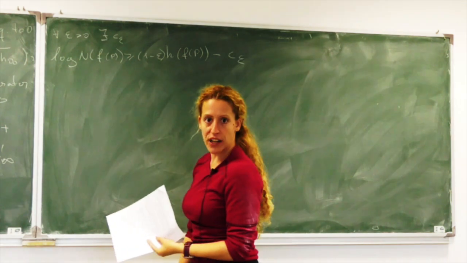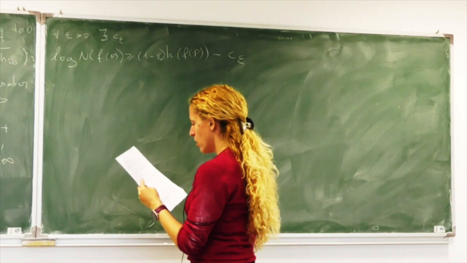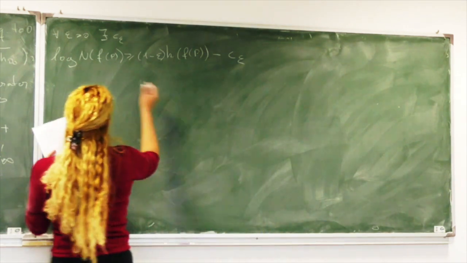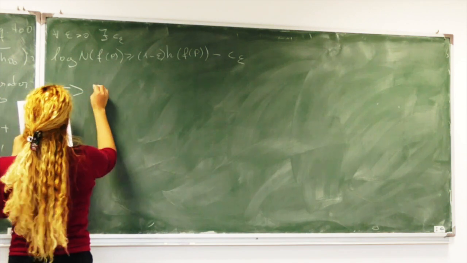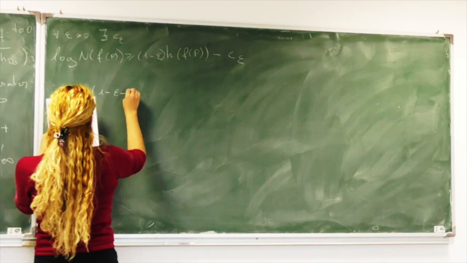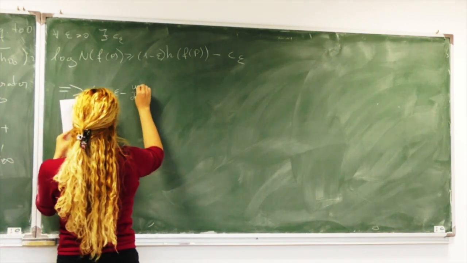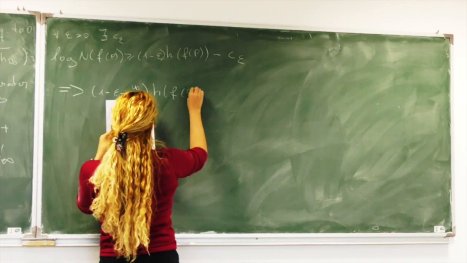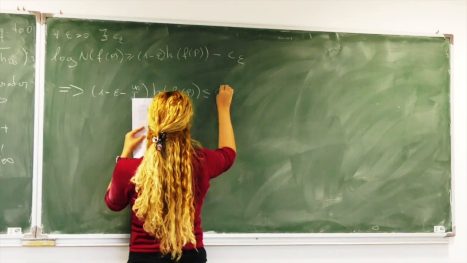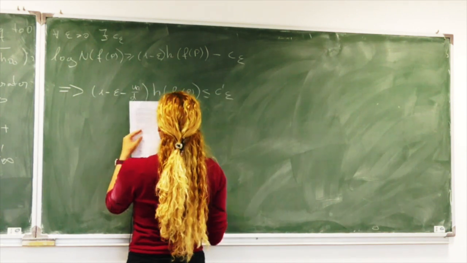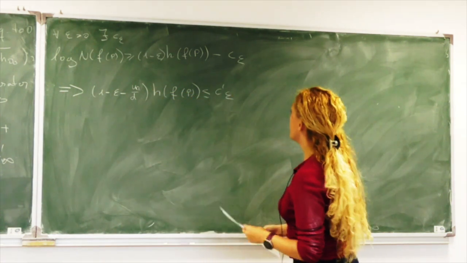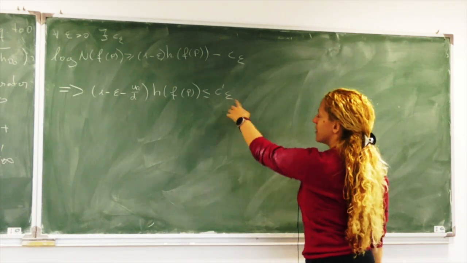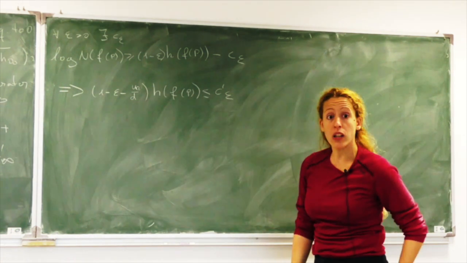With the reformulation that we saw just before. So then this implies that 1 minus epsilon minus this of this is less or equal than another constant that depends on epsilon, but only on epsilon.